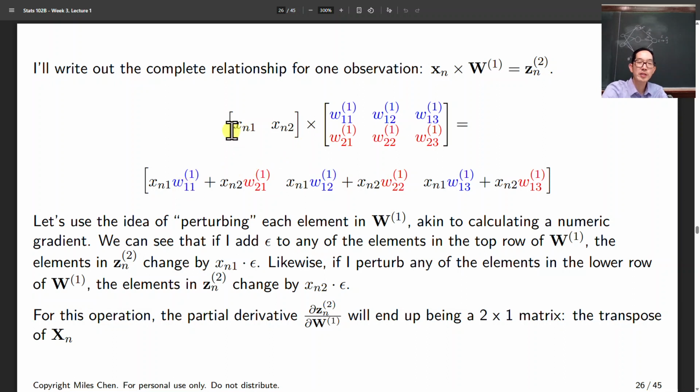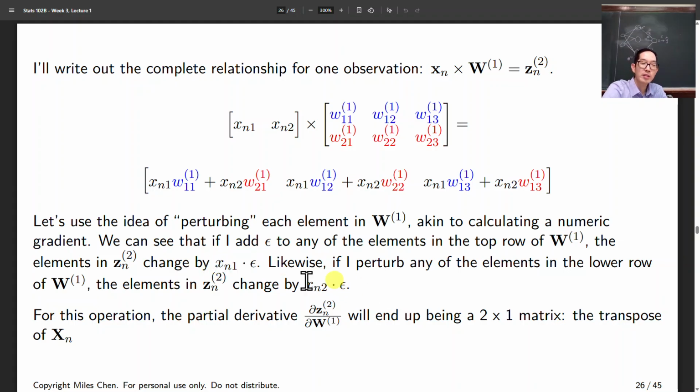Whatever I add here gets multiplied by xn1. Anything I add to this bottom row will get multiplied by xn2. So if I add some element epsilon, the result is going to be xn1 times epsilon or something like that.